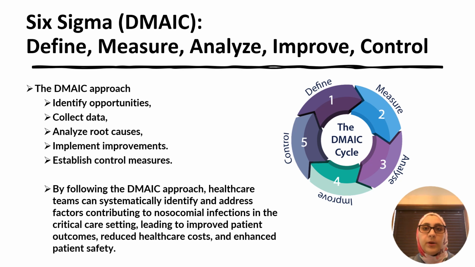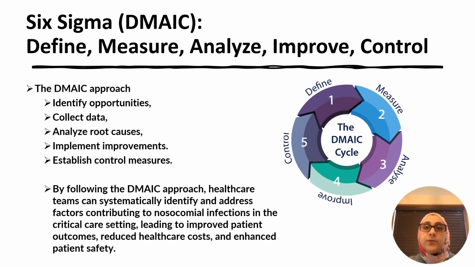In addition to the previously mentioned work standardization, we can also bring about improvements by using the DMAIC approach of define, measure, analyze, improve, and control, as we systematically apply its principles. DMAIC will allow us to identify the opportunities, collect the data, analyze the root cause, implement improvement, and establish control measures to sustain those improvements.